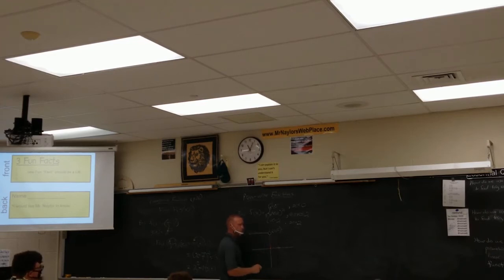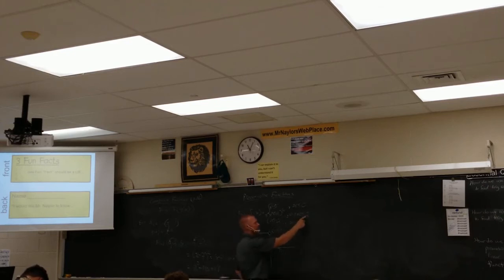Now, I'm just loosely sketching a parabola. Notice that I'm not making it a solid line yet because I don't know what piece of the parabola I'm going to end up with until I start to think about these endpoints. Now, check this out. It's not hard math, but it's really helpful.